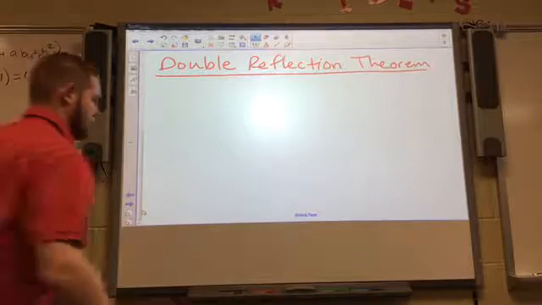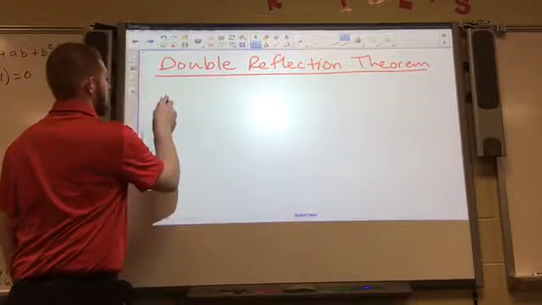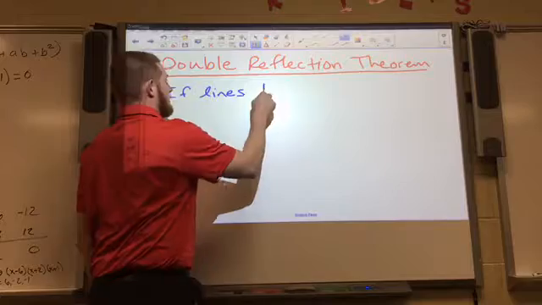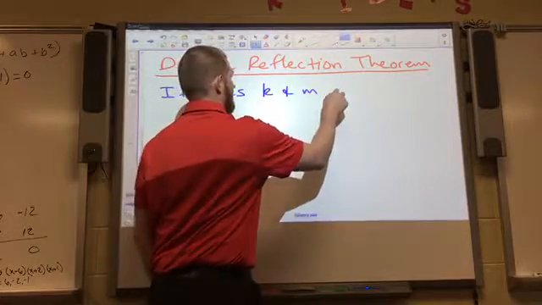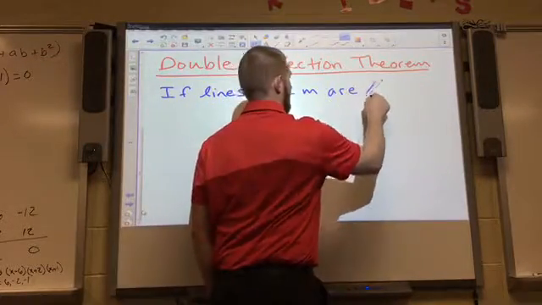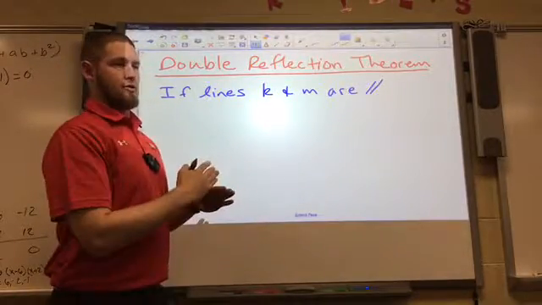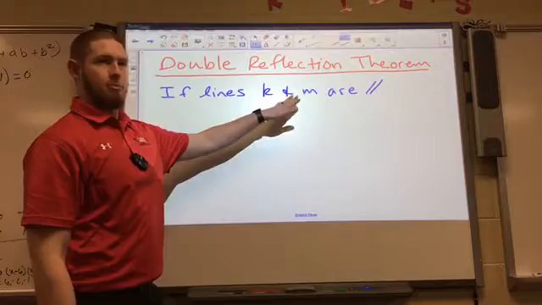This tells us if lines K and M are parallel. Now, our previous double reflection theorem, the lines had to intersect. This time they're parallel.